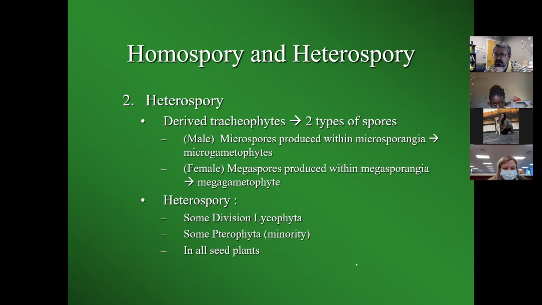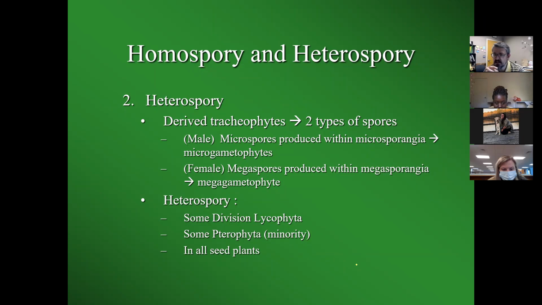Heterospory develops later. This is, remember, the precursor to making seeds. Later, we get development of vascular plants that make two types of spores. We've got the microspore that'll be produced in microsporangia on the sporophyte, and these develop into microgametophytes. So basically a single type of gametophyte that only produces sperm.